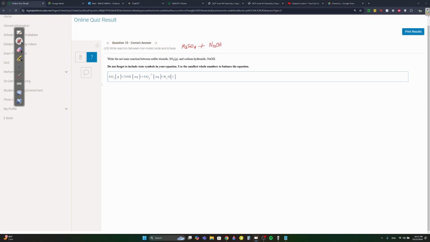H2SO4 plus NaOH. What do you get? Box up the middle, NaSO4, which is wrong, but you have to say Na2SO4 because it's Na plus and SO4 2 minus. Crisscross, you get Na2SO4. Obviously, it's aqueous because it's a salt. Plus water. Acid plus base is salt plus water. Okay. Now we have NaOH aqueous.